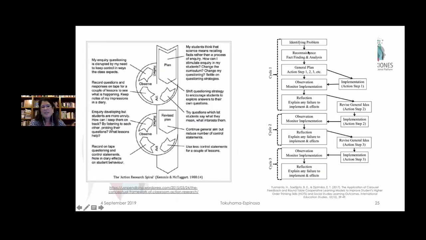Same thing here: identify problems, reconnaissance, fact-finding and analysis. This is basically what we're calling the literature review. You make a plan about what you're going to do, you implement it and observe what happens here, and then you think about what happened there. And all along the way, we have basically adjustments to our own teaching practice based on the results that we have at each of these different stages.